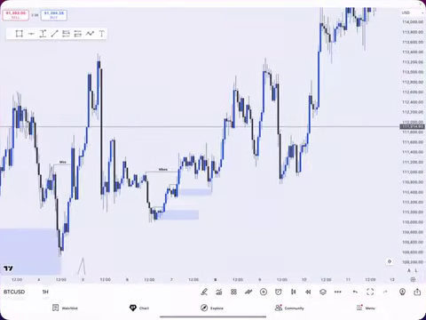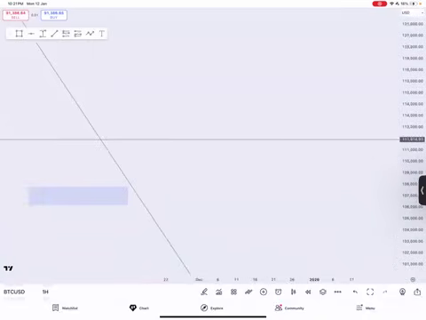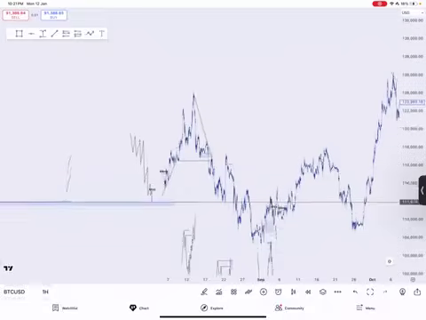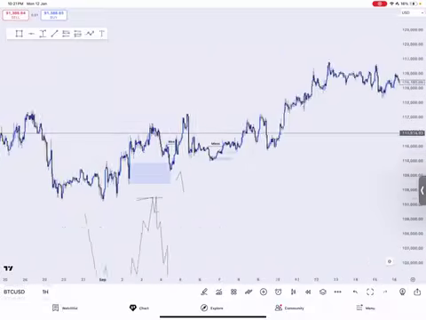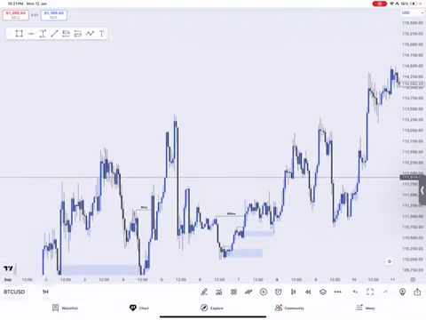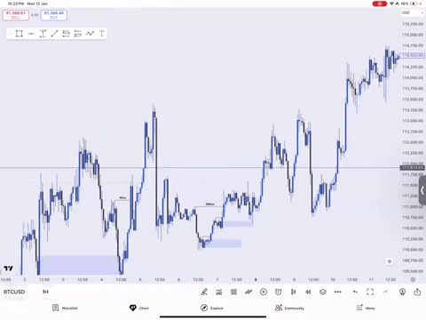Another example of a multiple break of structure. Now remember, while trading break of structure, you have to look for trades in the current direction of the market. So as the market is bullish, you have to look for trades to the upside.